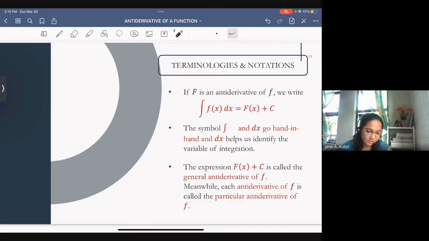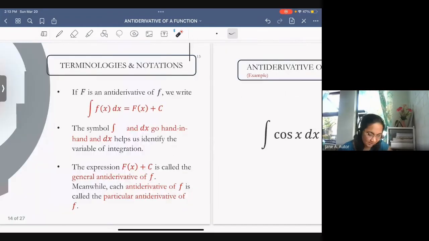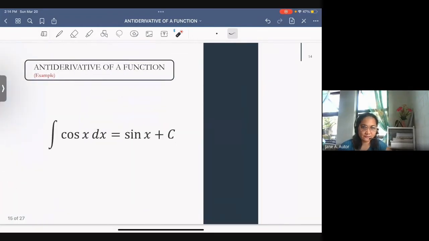Since you already know these terminologies and notations, let us proceed to this example. So we have now the notation for the antiderivative of a function. We have the integral of cosine x dx is equal to sine x plus C. First up, we have the integral sign.